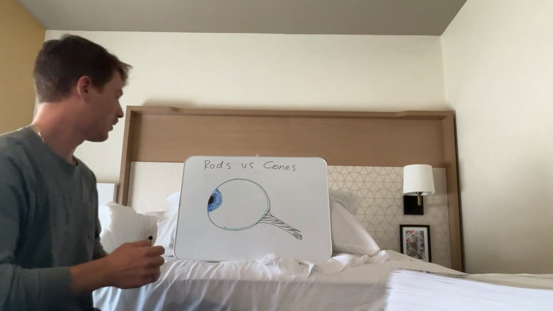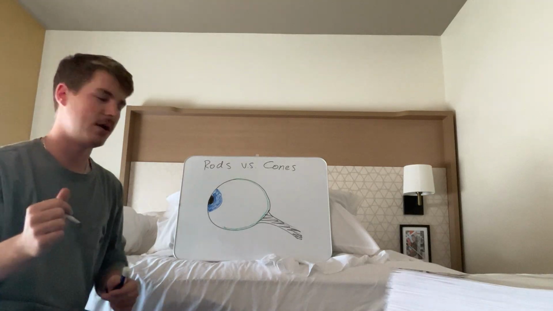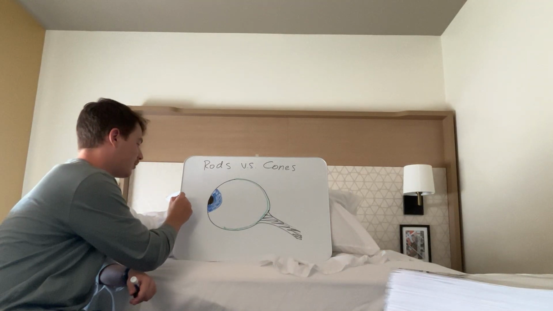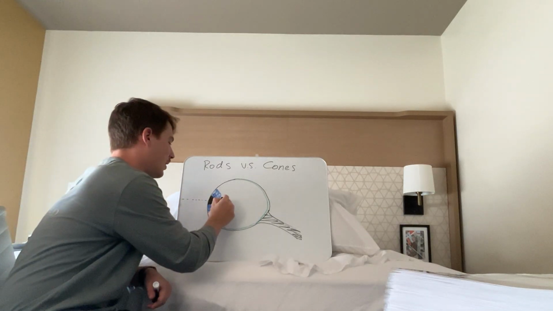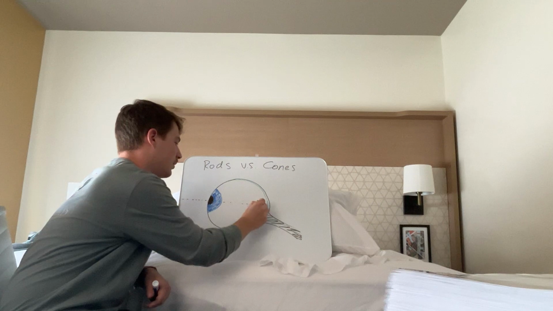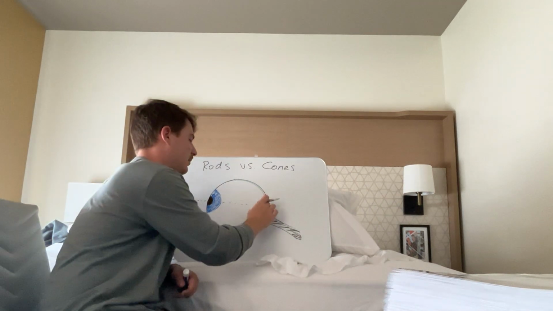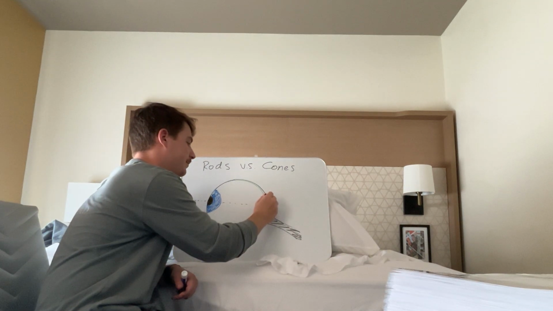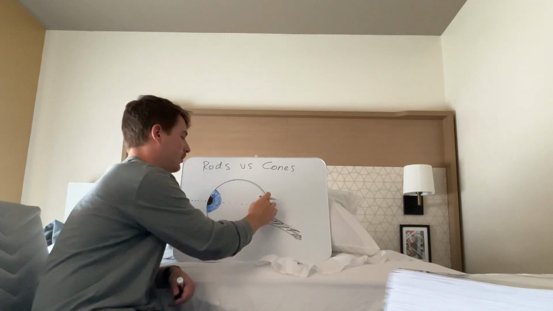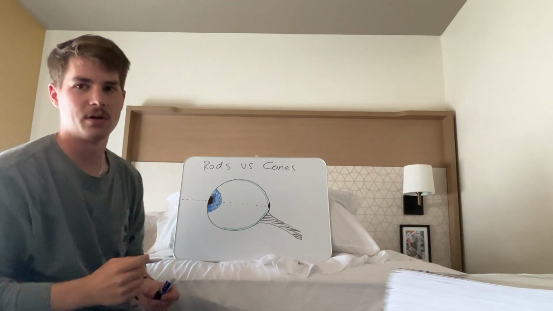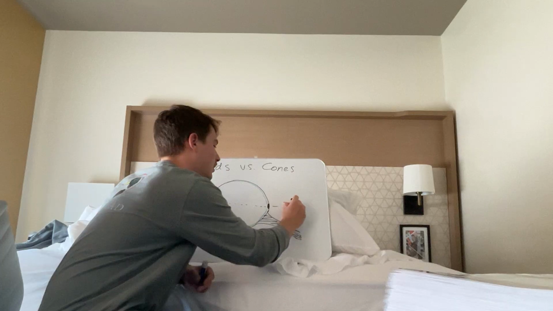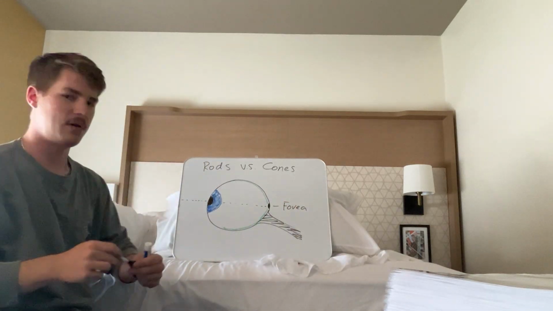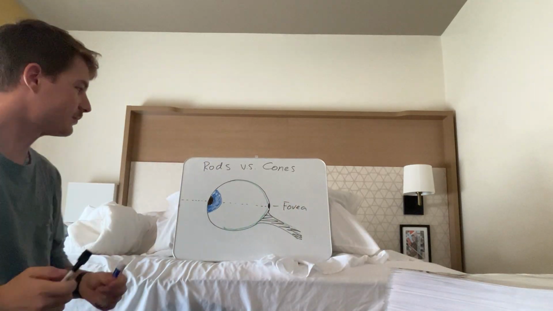Now, your line of sight is pretty much just straight out of your pupil. If we continue that all the way back to the back of the eye, we have a little area along the retina, so it's actually part of the retina, called the fovea. I don't know how to say it.